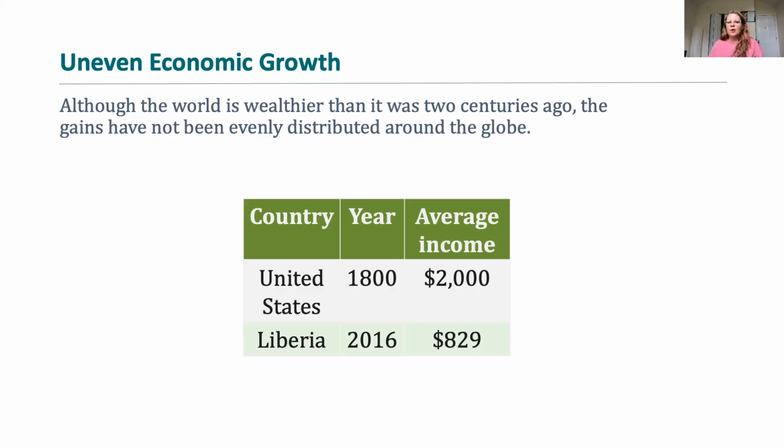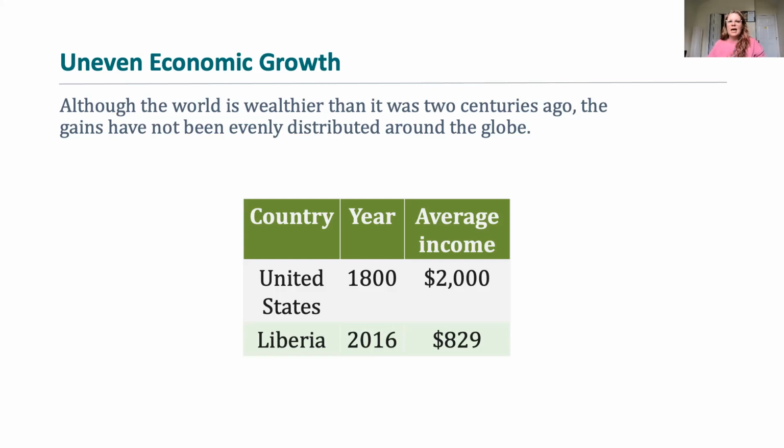For example, the average income in the United States in the year 1800 was about $2,000 per capita GDP, while in modern times, 2016, when this was measured, per capita GDP in Liberia was still under $900 a year.